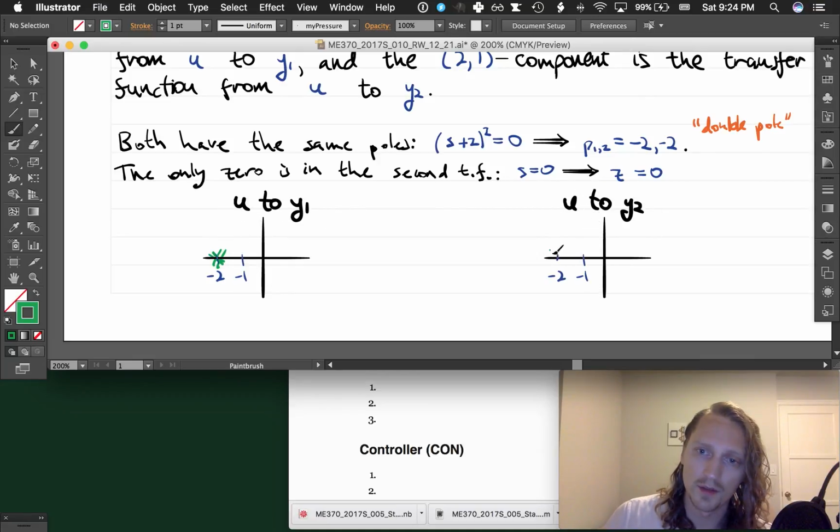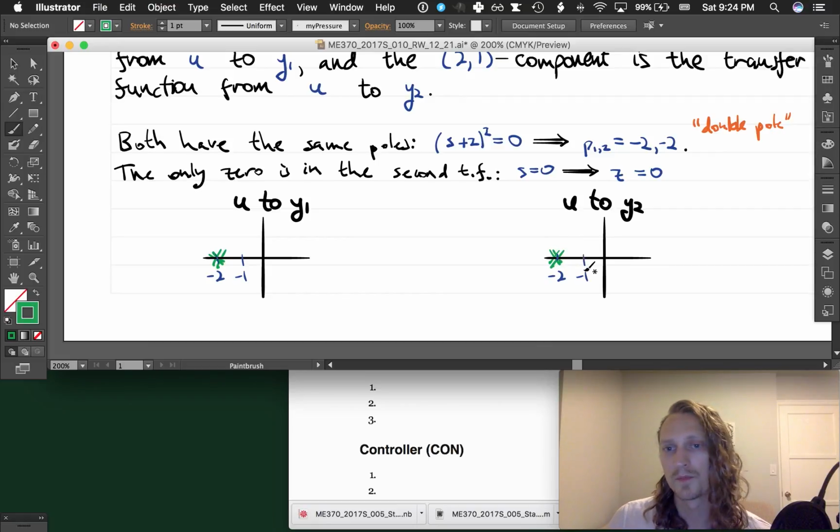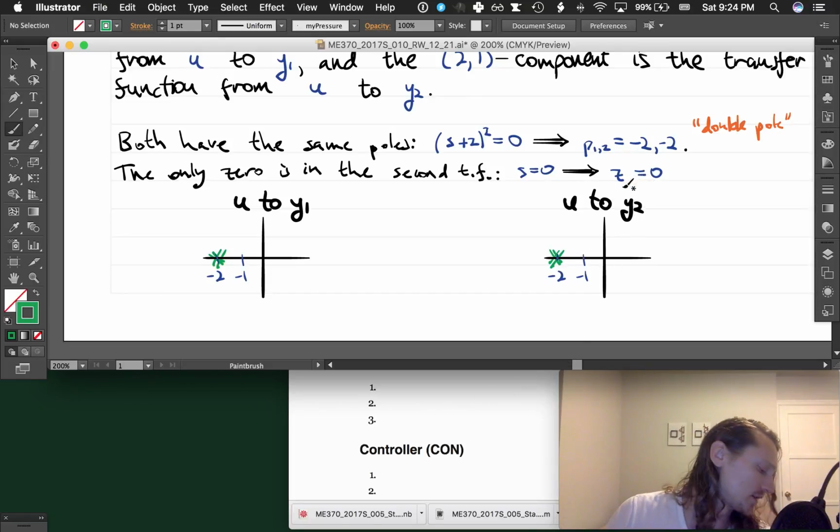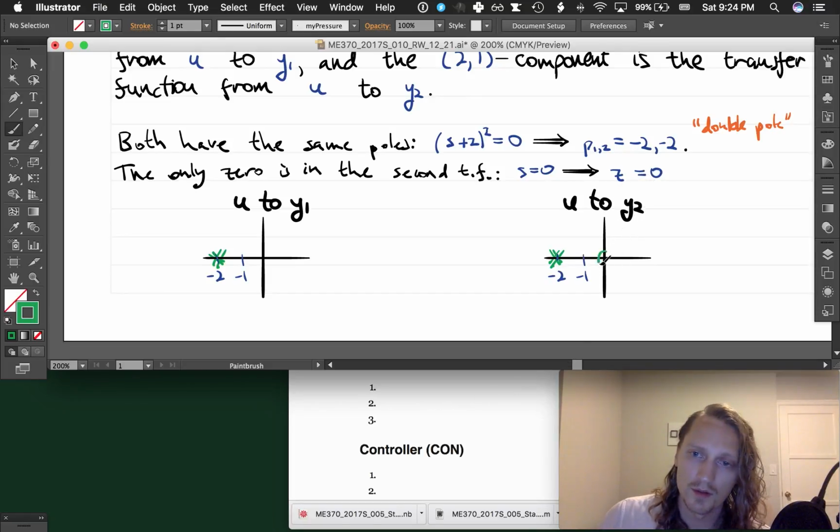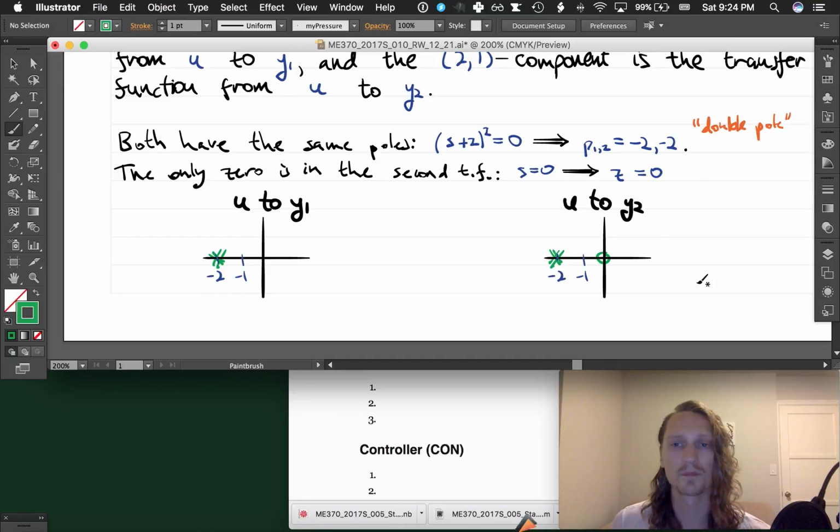The second transfer function has the same poles, it has to, and it also has a zero at z = 0, so we put the zero there. That is all there is to our pole-zero plot.